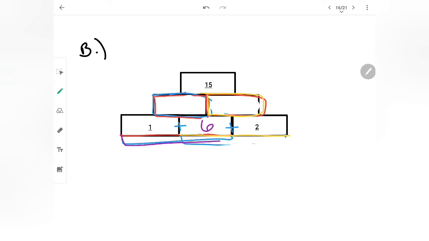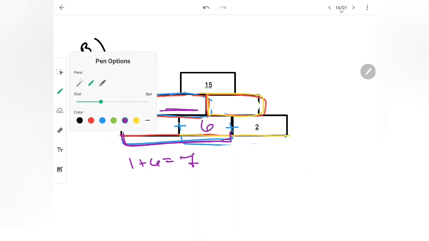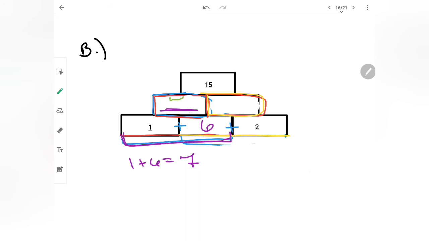We know that 1 plus 6 right here will be equivalent to this blank, so 1 plus 6 is going to be 7. Therefore, this blank will be 7. We also know that 6 plus 2 will be equivalent to this blank up here.